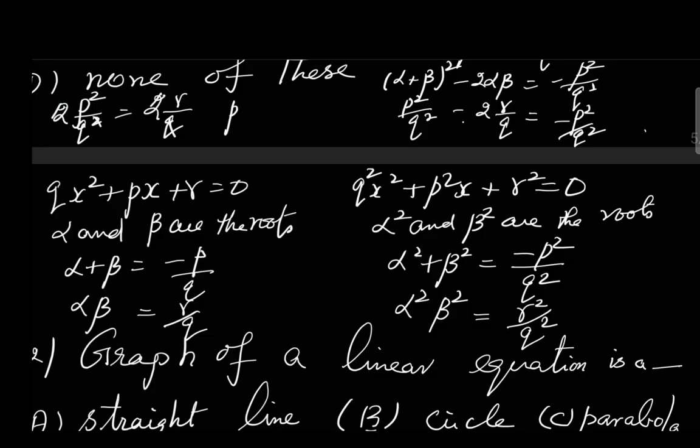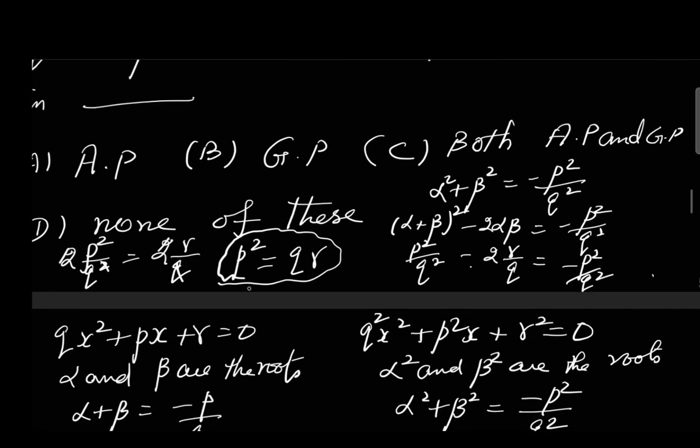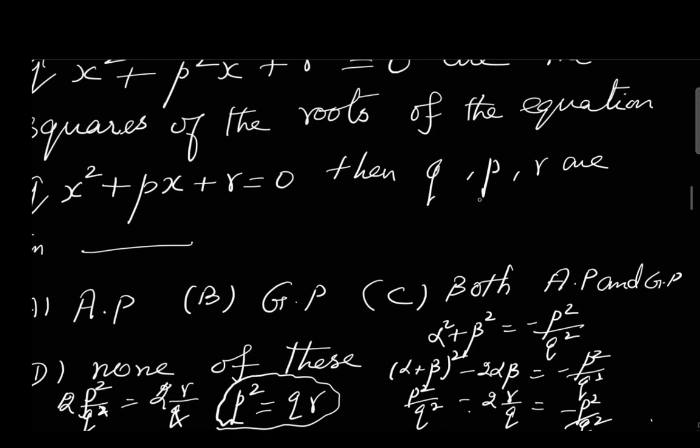So p squared is equal to, you take this q to the other side, qr. P squared is equal to qr. So this is the term for the geometric progression. If you see q, p, r, the center term squared is equal to the product of the extreme terms. So option B.